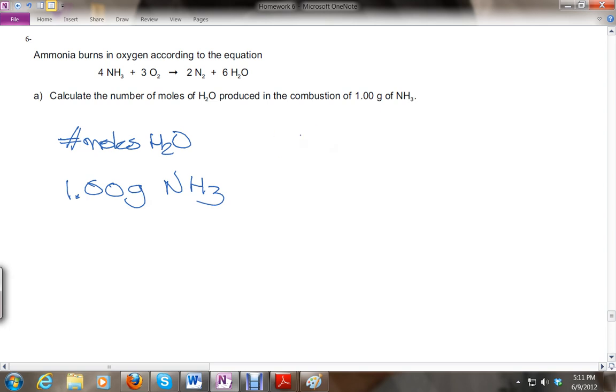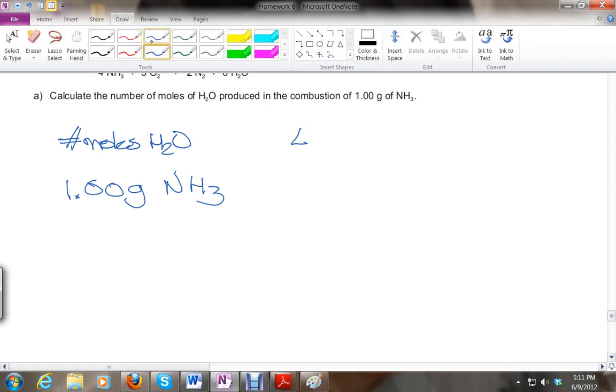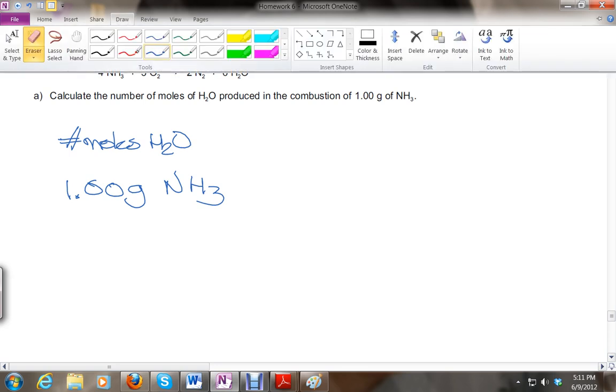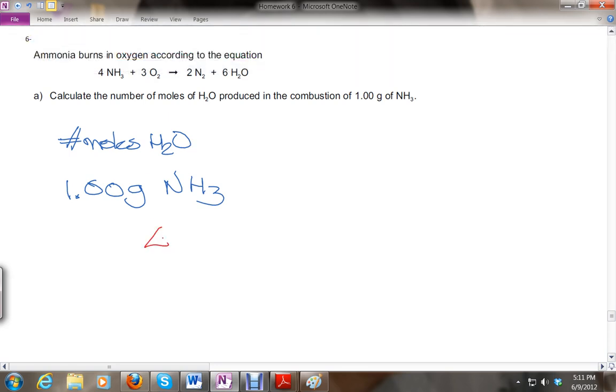Let's write it here. It's going to be 4 moles of ammonia plus 3 moles of oxygen react in the combustion to produce 2 moles of nitrogen plus 6 moles of H2O.